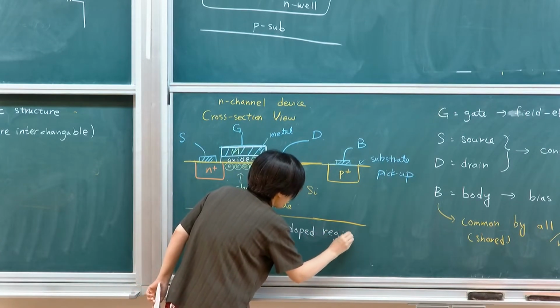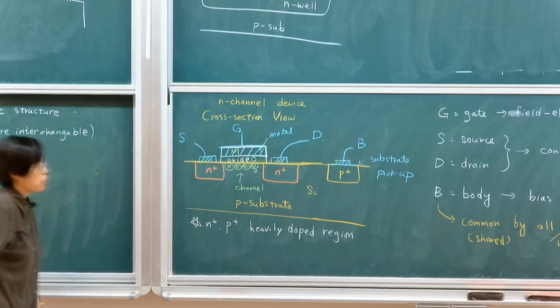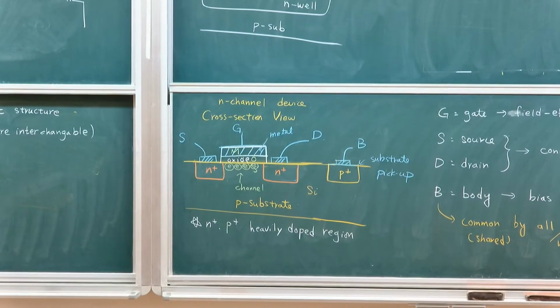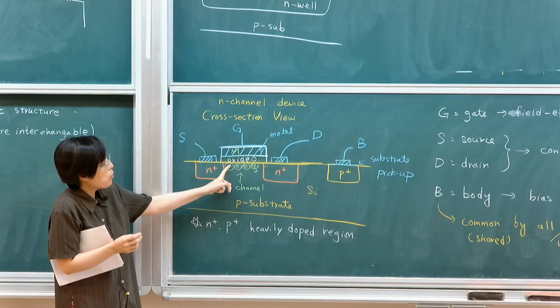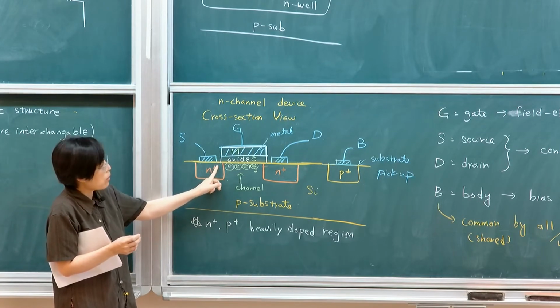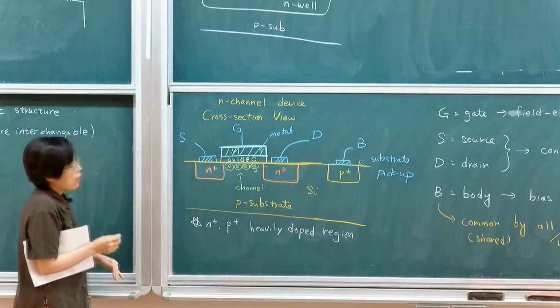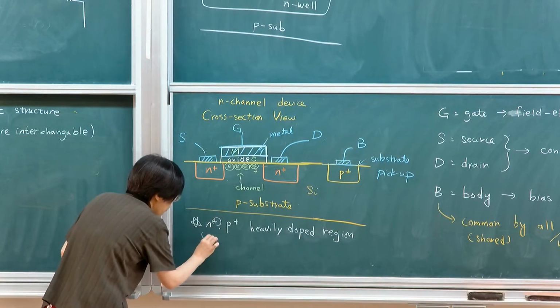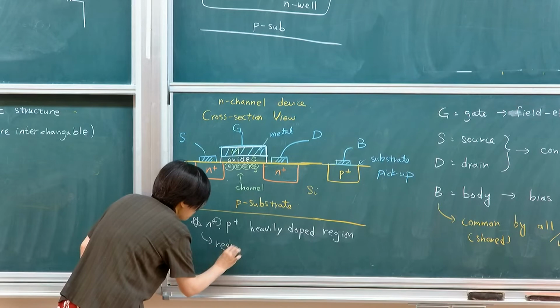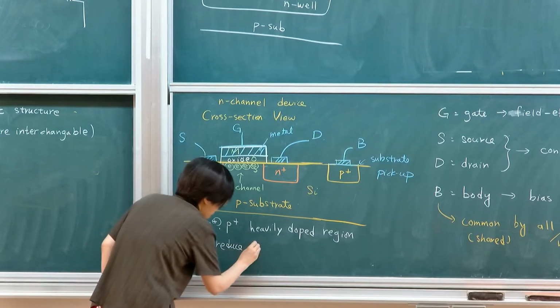The reason we're using N plus and P plus for source and drain is, first of all, N plus makes sure it will be connected to electrons. It has a lot of electrons, so it's the same type. The other thing is, of course, the plus is to reduce the series resistance.